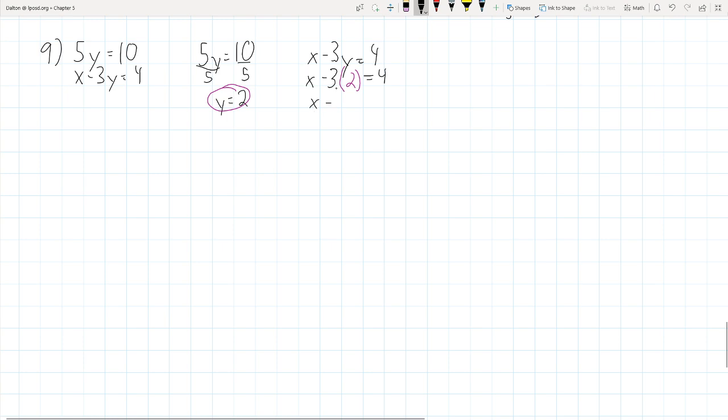So x minus 3 times 2 is 6 equals 4. Add 6 to both sides, and x equals 10. So my answer is 10, comma 2.